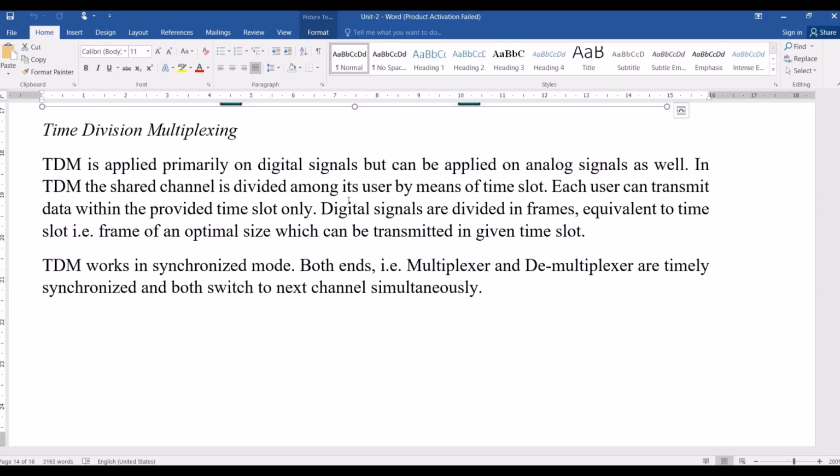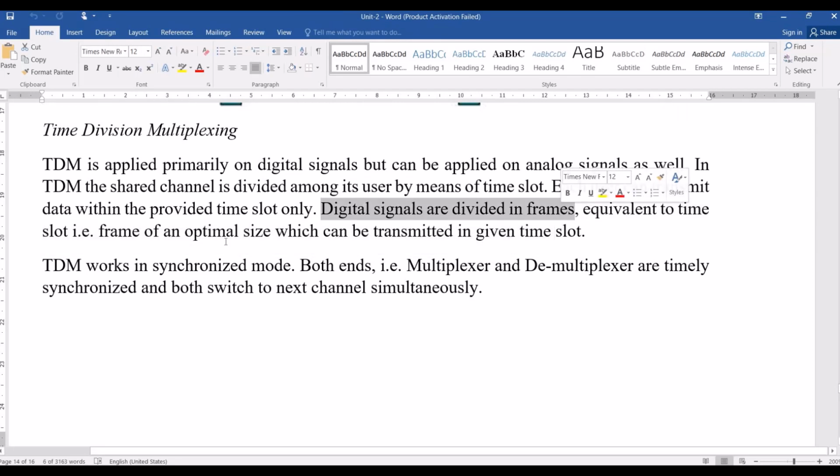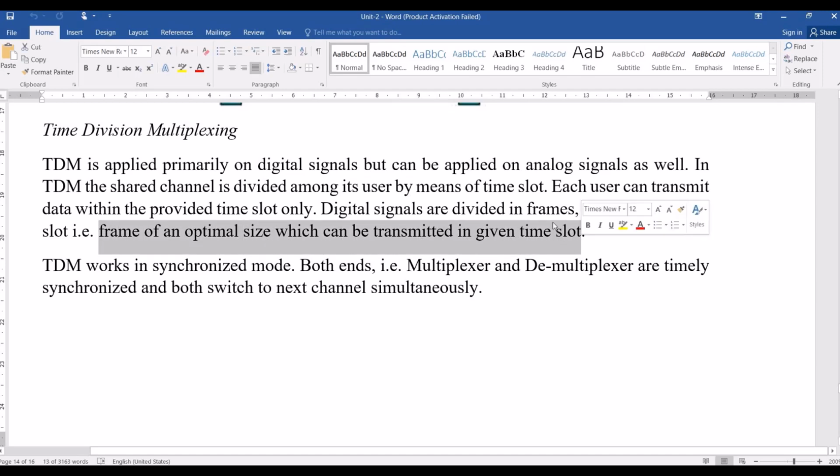Each and every station has a time slot. Digital signals are divided into frames. To transmit in a time slot, we need a frame equivalent to the time slot. Frames are of a fixed size that can be transmitted in a given slot. So each and every frame, the data is sent from this node.